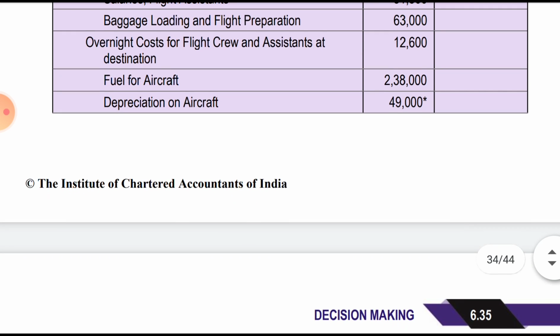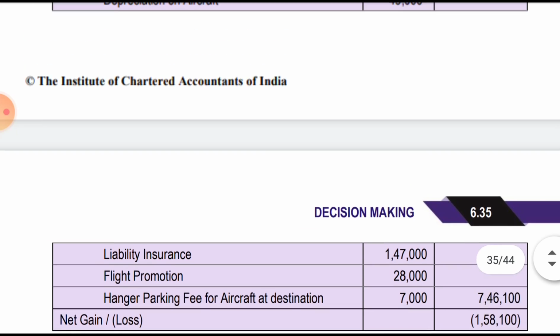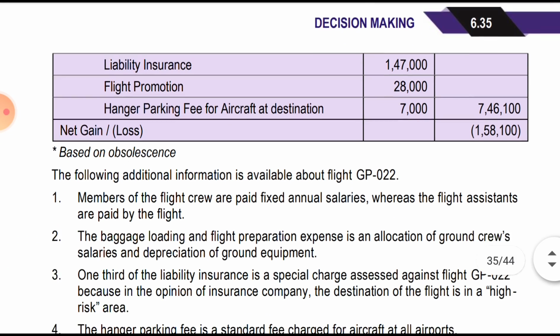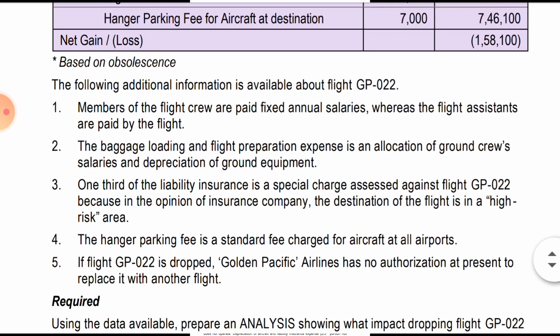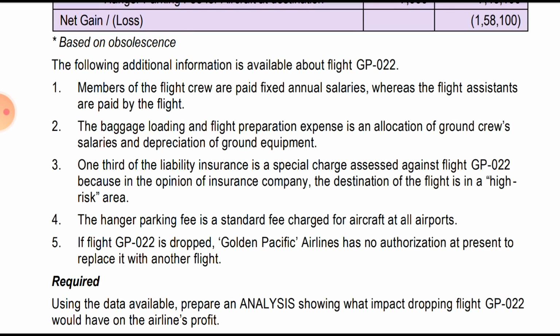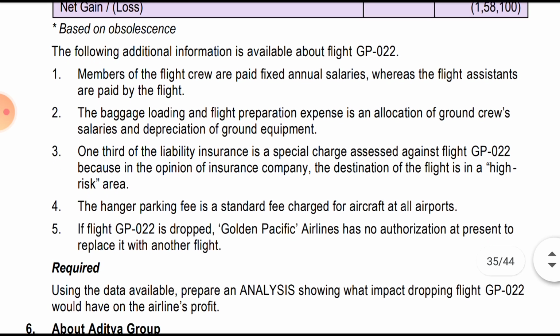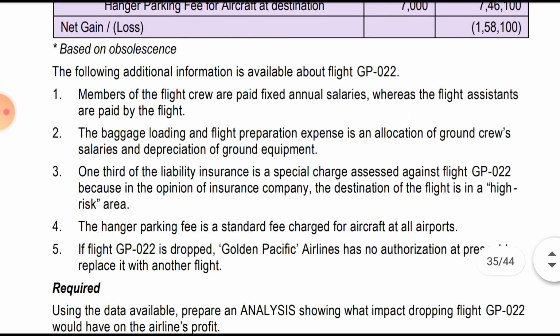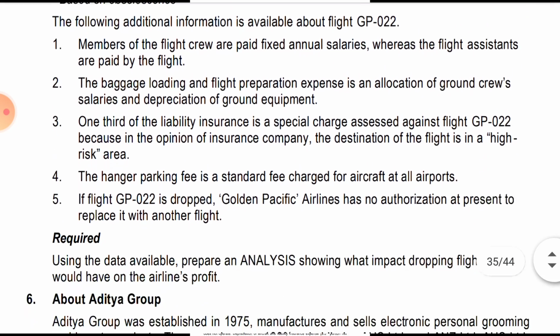Depreciation of the aircraft, 49,000, based on obsolescence, we will not deduct. Liability, 1/3 we will deduct. For flight promotion, they haven't said anything, so we will deduct. And hangar parking will be ignored.